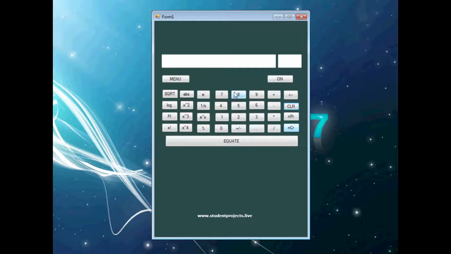We can also perform decimal calculations, that is 8.5 plus 2.55. So this will give you the result 11.05, which is a decimal addition, and 6.23 minus 4.85.